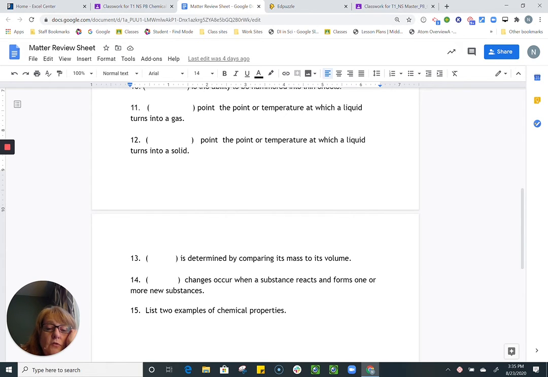Number 13, when you compare one object's mass in a certain amount of volume to another one, that is called density. If you take a 1-inch block of wood and weigh it, and then take the mass and divide it by the volume, you would get the density.